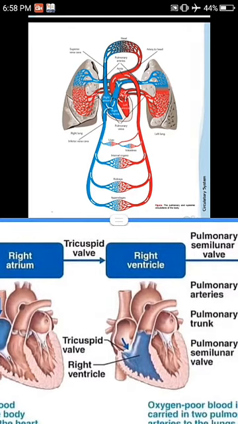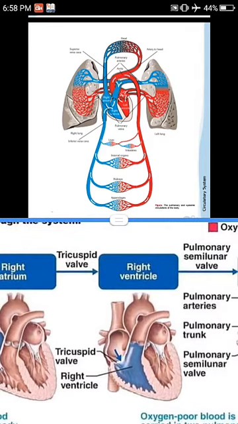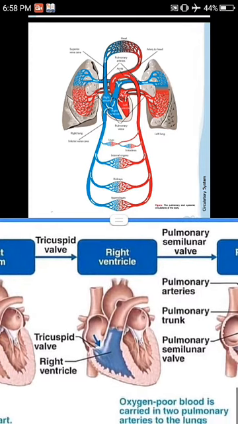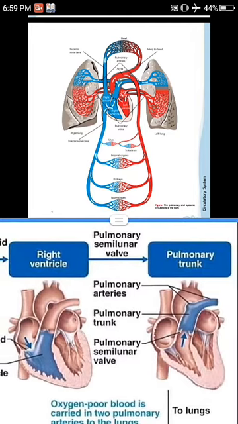The blood now flowing is poorly oxygenated blood. Whenever the blood comes into the right ventricle, via the pulmonary semilunar valve the blood can flow into the pulmonary trunk, which is shown here.